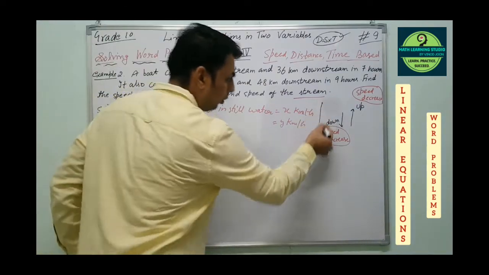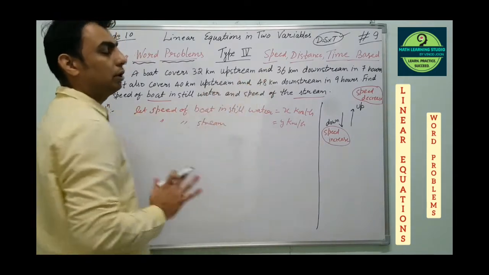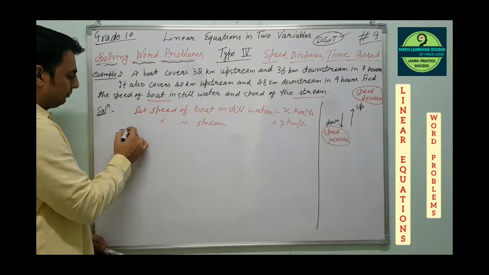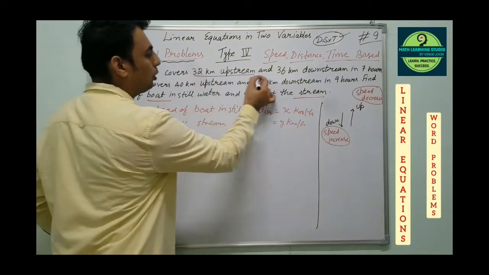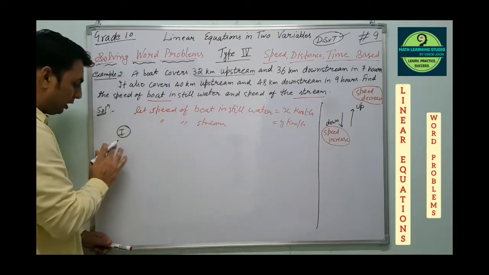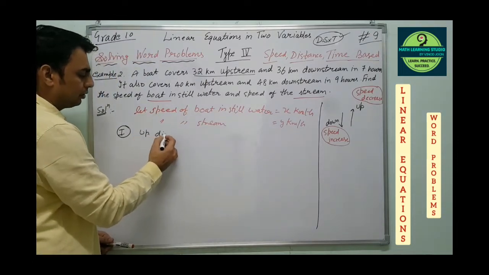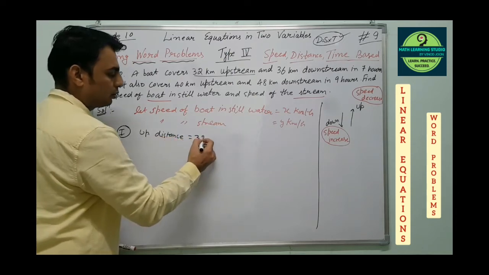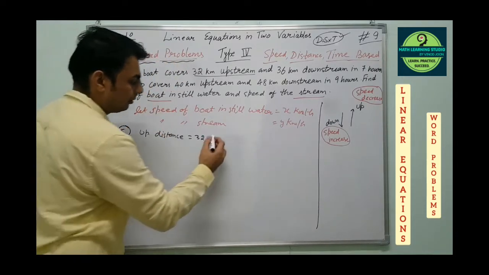Alright? Now we need to read the conditions given in the question to frame two equations. So condition first. It says that the boat will cover 32 kilometers upstream. So for condition first, we say upstream distance. Up distance, I write in short. Up distance is equal to 32. When it is going up, what will be the speed?